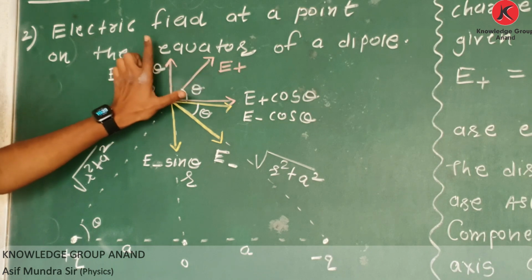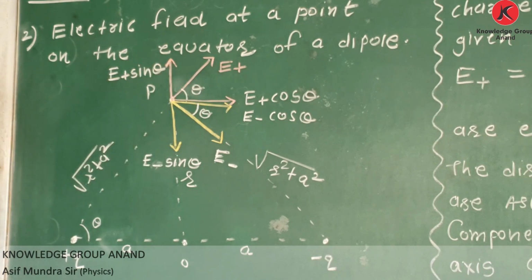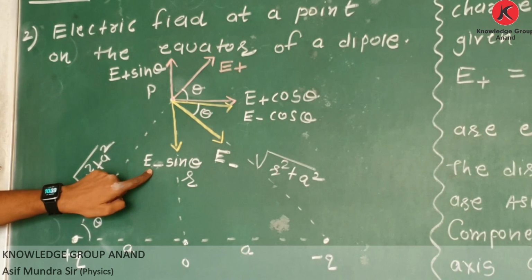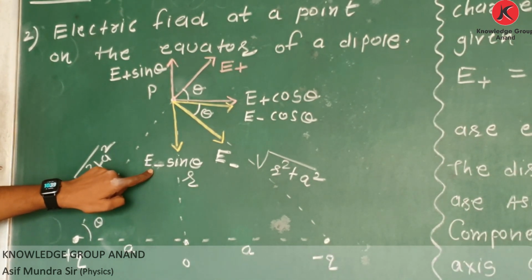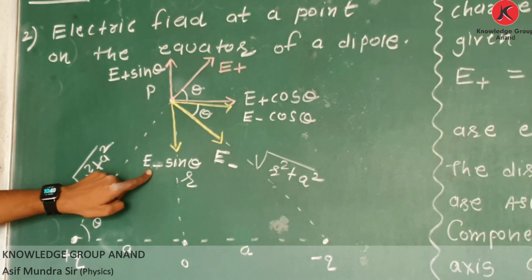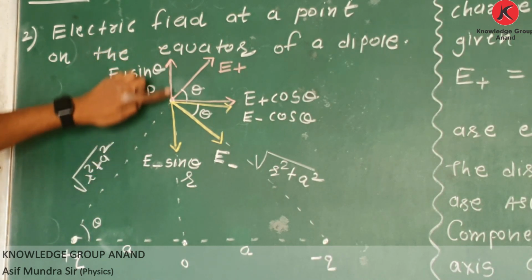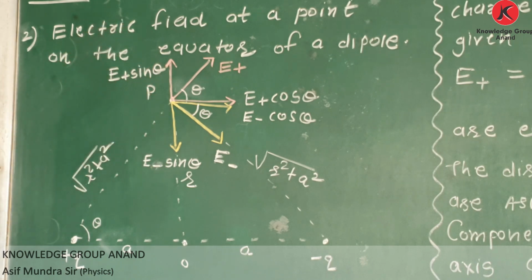E plus, two components. E minus, two components. Now see, from the figure it is clear that E plus sin theta and E minus sin theta are of equal magnitude and in opposite direction, so they cancel away. It means components normal to the dipole axis cancel away.